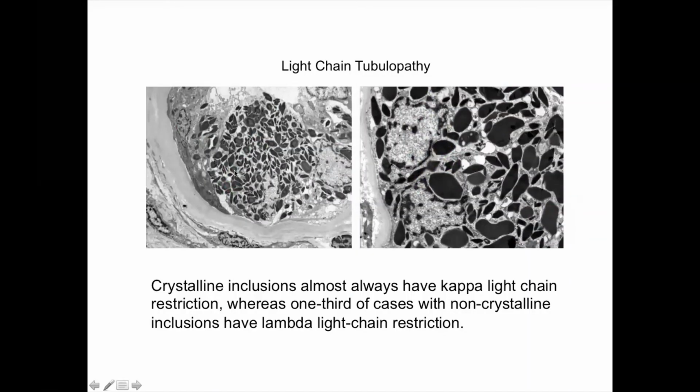And we might even be able to see it in the electron microscope, inside the epithelial cell of the tubule. This is a tubule and this is an epithelial cell of the tubule.